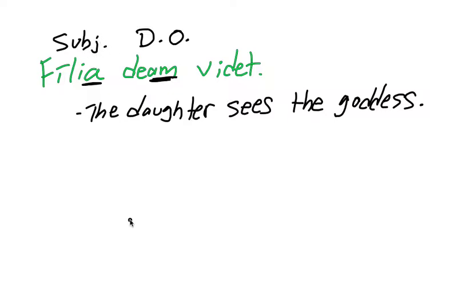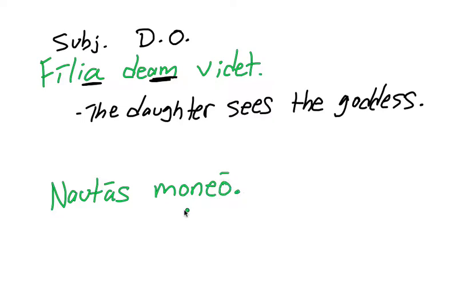We can also make our direct objects plural, and so here's an example of a sentence with a plural direct object. Nautas moneo. Notice there's no nominative word here.